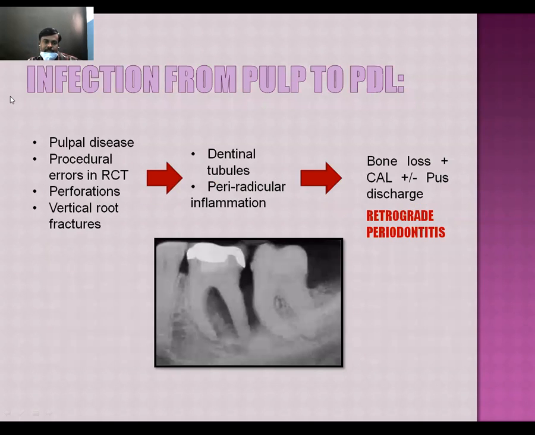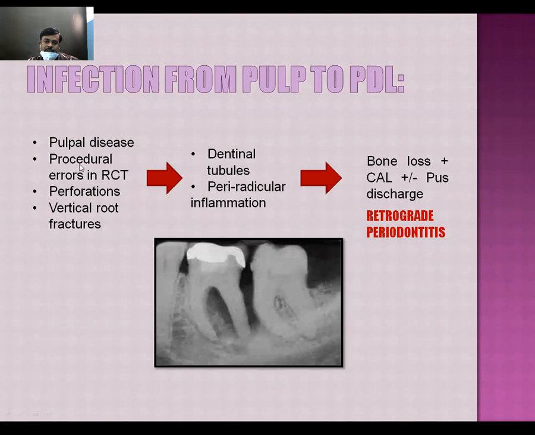So how does infection spread from pulp to the PDL? Whenever there is pulpal inflammation or infection, perforations or vertical fractures, through dentinal tubules, accessory canals, or the apical foramen, the infection spreads from pulp to surrounding periodontal tissues. In such cases we see bone loss, increased clinical attachment loss, and perforation. Such cases are termed retrograde periodontitis.